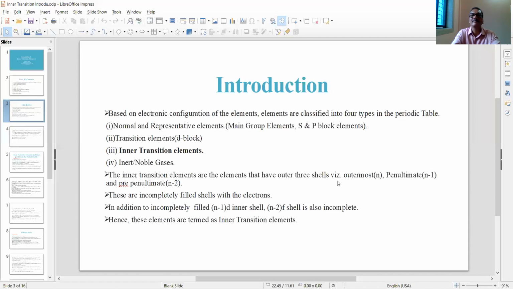That is why in this case 3 outer shells are incompletely filled: the outermost n, then the penultimate n-1, and the pre-penultimate (n-2)f orbital. In addition to the incompletely filled (n-1) inner shell, they also have the (n-2)f shell incomplete. That is why the elements are termed inner transition elements.